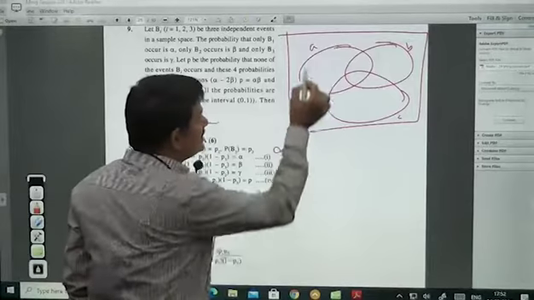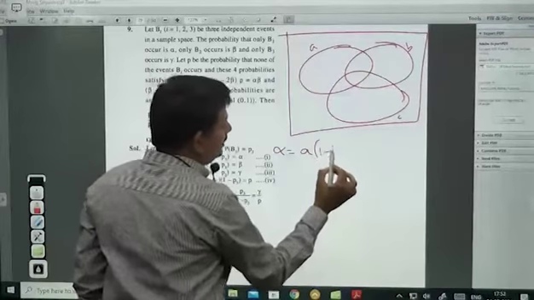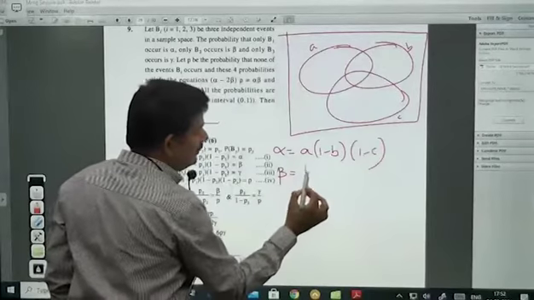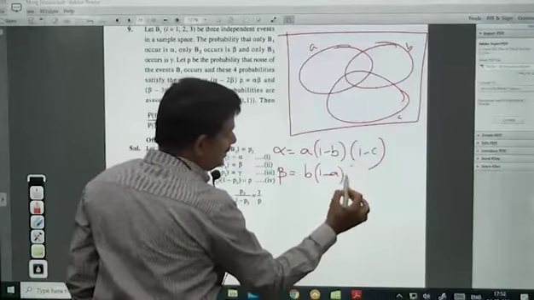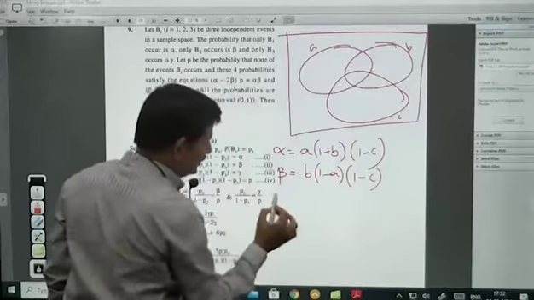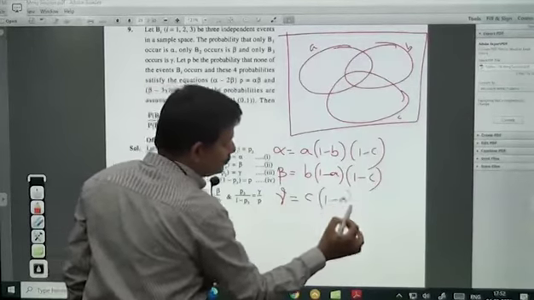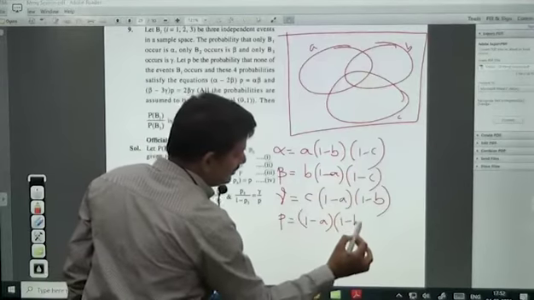So alpha is nothing but A occurring, B not occurring, C not occurring. Beta is what? B occurring, A not occurring, C not occurring. Gamma is what? Third event occurring, first two not occurring. P is what? None of them occurring: (1 minus A), (1 minus B), (1 minus C).